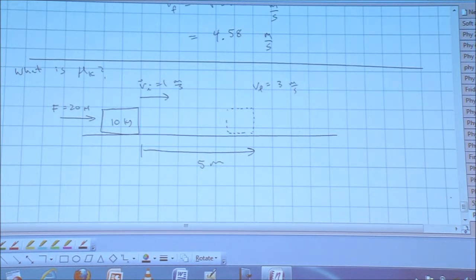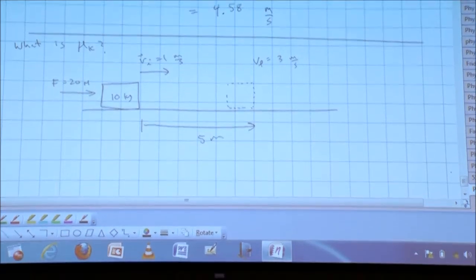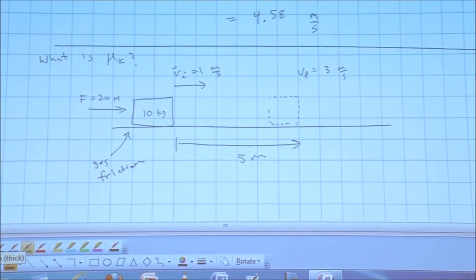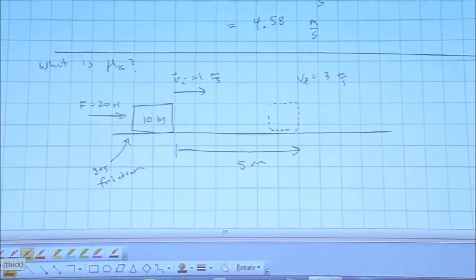What must have happened? Something must be pushing back, doing some negative work, causing it to slow down a little bit, some other force. So in this case, we are going to have friction. Okay, friction there.